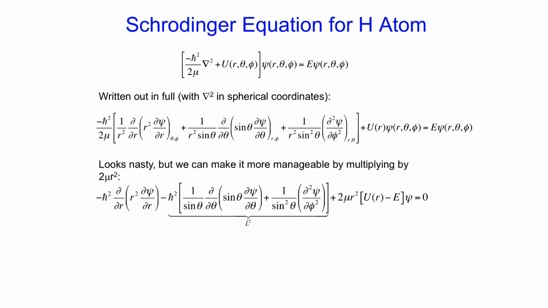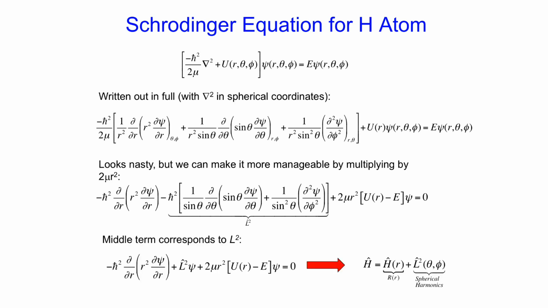All right, looks nasty still, hasn't gotten any better, but we can make it a little bit more manageable by doing a little bit of trickery. If we multiply by 2 mu r squared, essentially getting this term out of that denominator, we end up with this expression, which might not immediately look any better to you, but it turns out that the middle term corresponds to L squared.